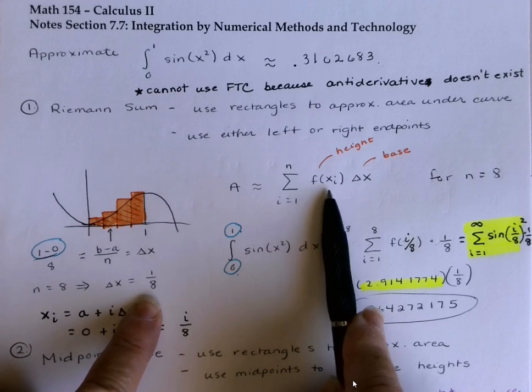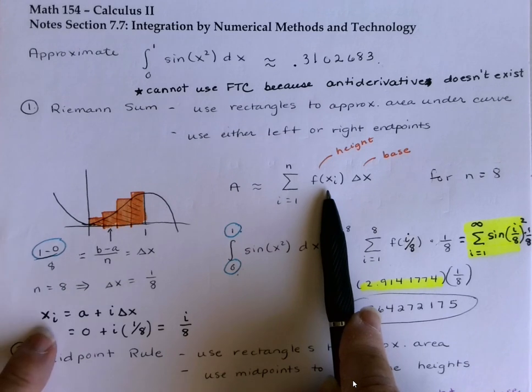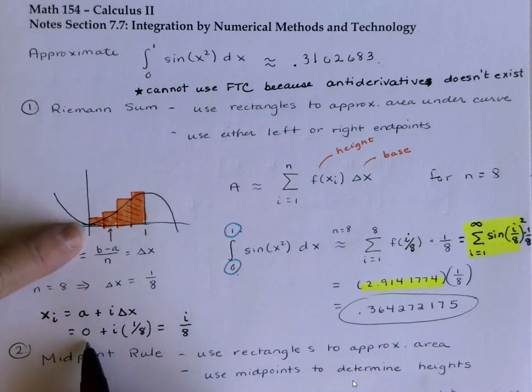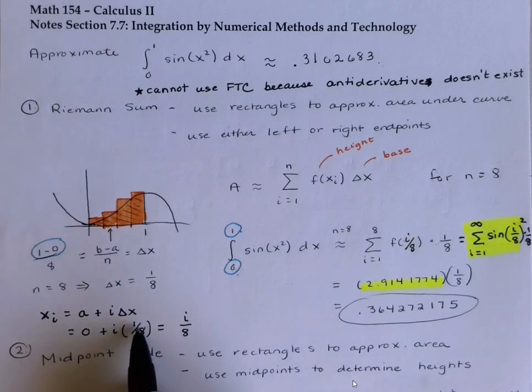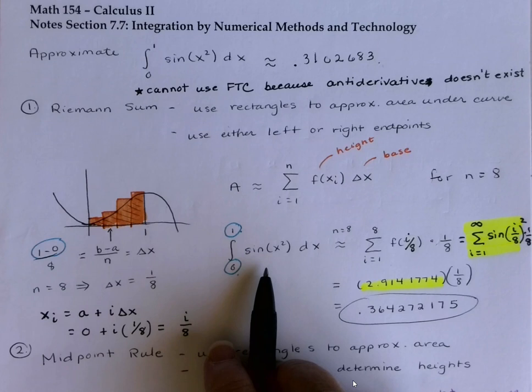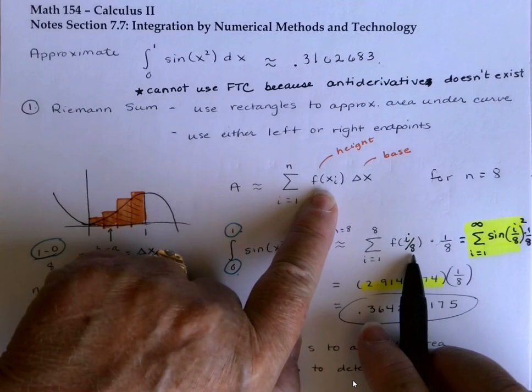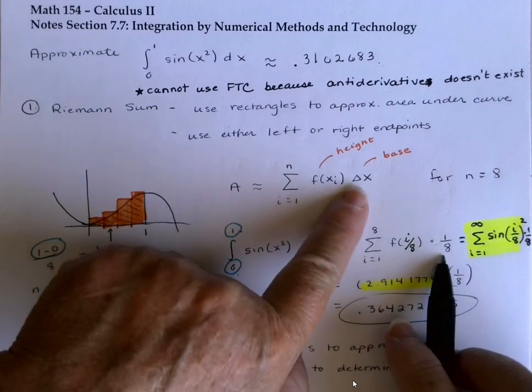The height, f of xi, the formula for xi is a plus i delta x. In our case, the left-hand endpoint is 0 plus i times 1/8, or just i over 8. And so to approximate this integral, I set up my sum to go from 1 to 8, and I'm going to have f of i over 8 times 1/8.